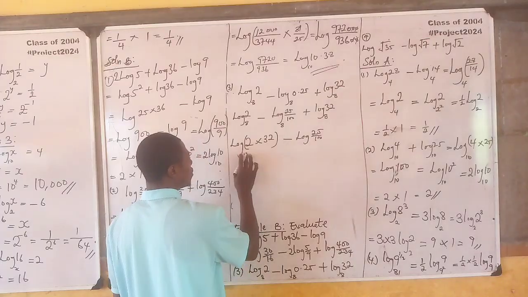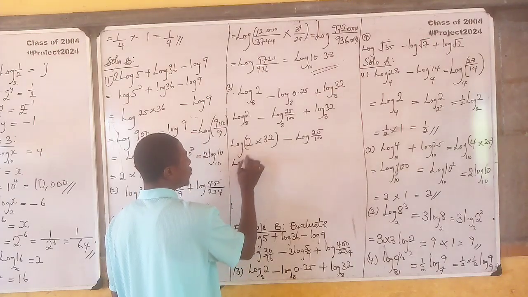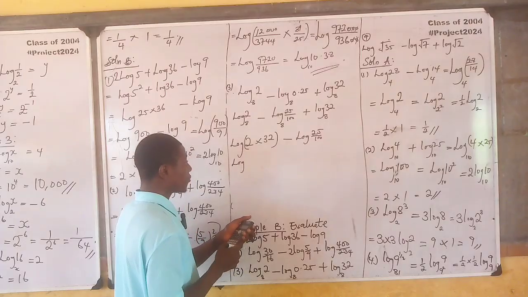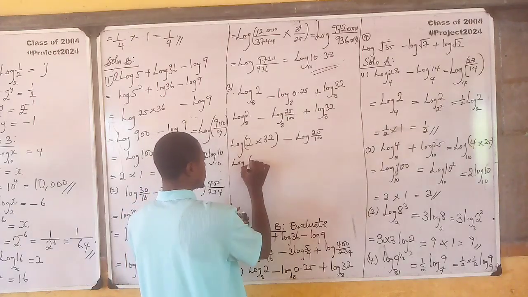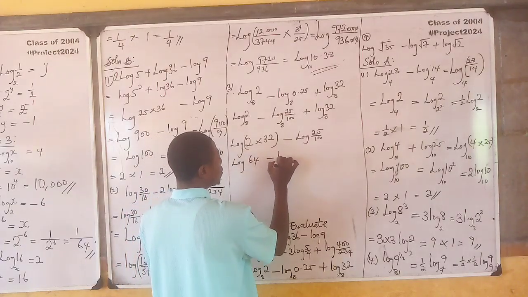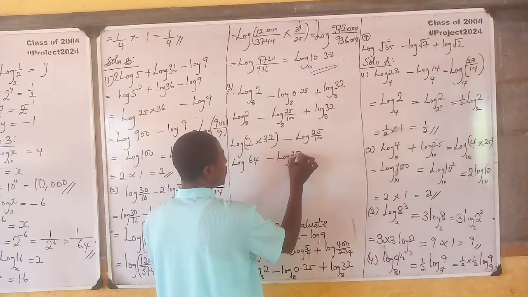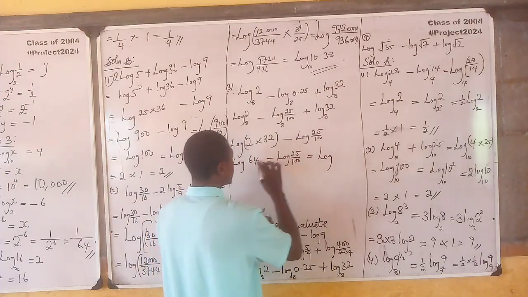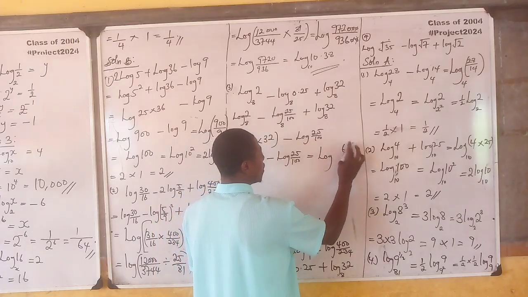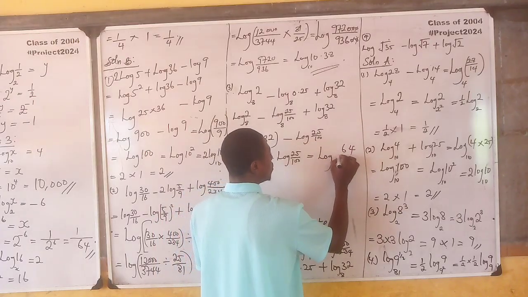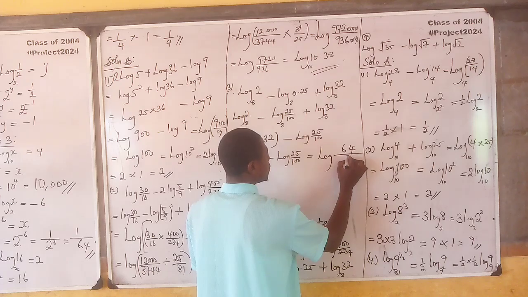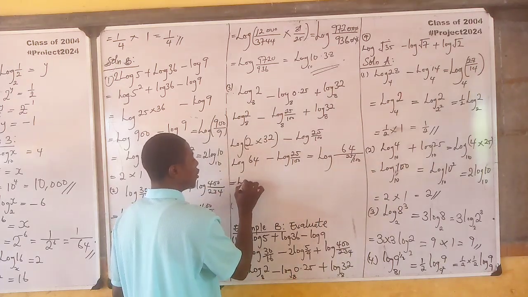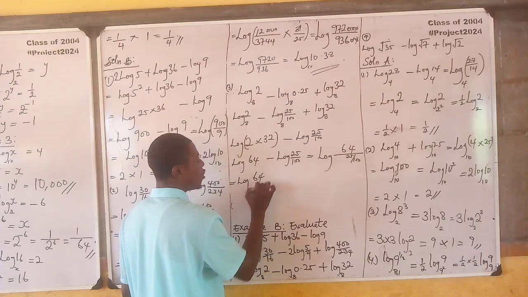So now we are going to have log of 2 times 32, which is 64. Then minus log of 25 over 100. This is the same thing as log of 64 divided by 25 over 100.